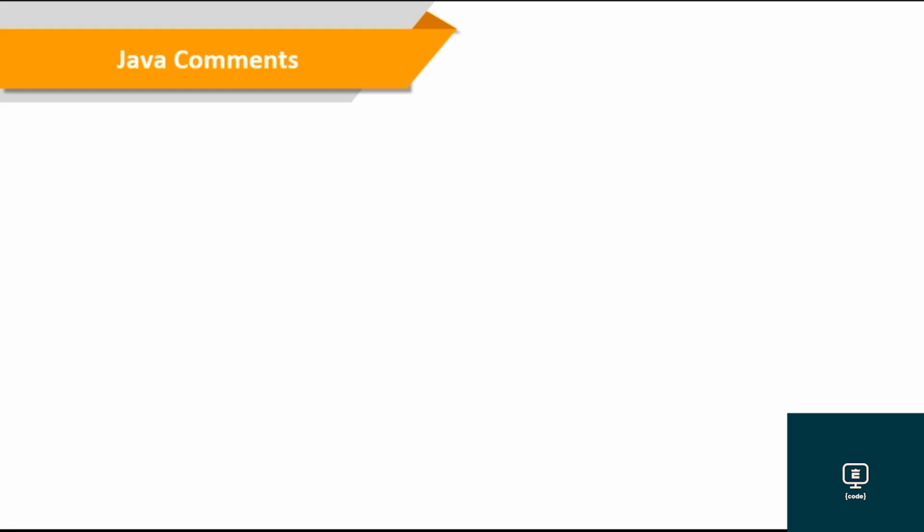Writing comments is a really good practice, and it will help others to understand what our code is. It will also help us when we return later to our own code and have to rewrite something. The comments can also be used to hide program code in some cases. They are completely ignored by the Java compilers.